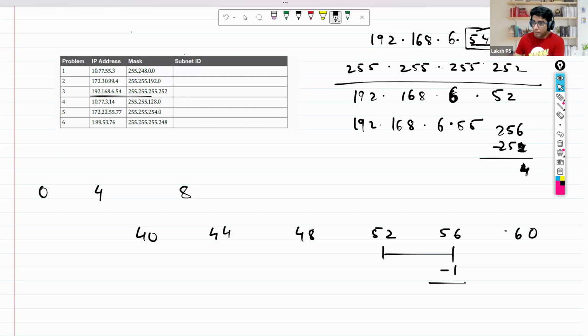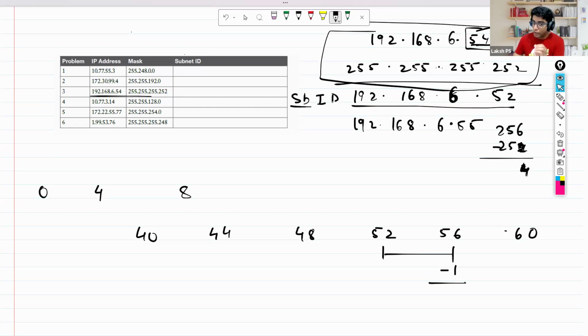The number may be 0, may not be 0 for a subnet ID. For a broadcast ID, it may be 255, it may not be 255. This IP address and address mask combination is a great example. 52 is a subnet ID. It is not 0, but because it is a subnet ID, it is not usable. It will not be used.